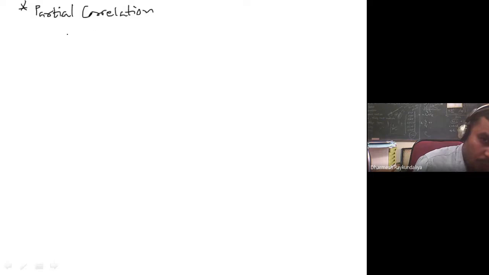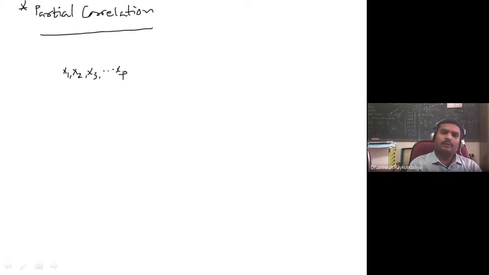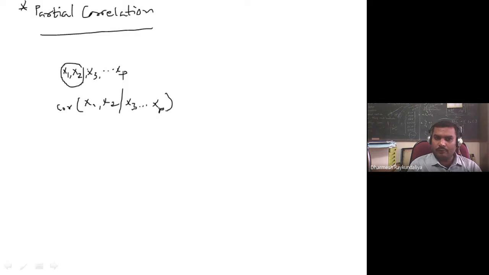We have studied at the BSc level that the partial correlation is nothing but, if we have, let us say, x1, x2, x3 up to xp variables, and I'm interested to find out the correlation between x1 and x2, given that x3 up to xp are fixed, so I'm only interested to study the correlation between these two. When the rest of the variables are fixed, then this correlation is said to be a partial correlation coefficient.